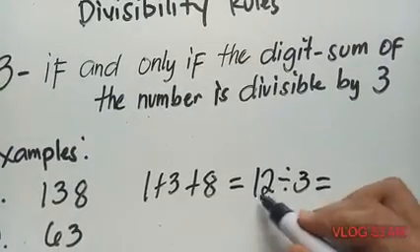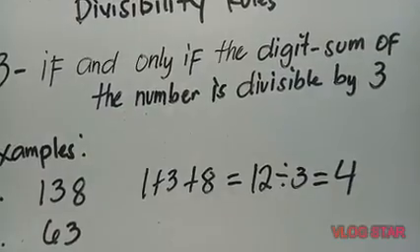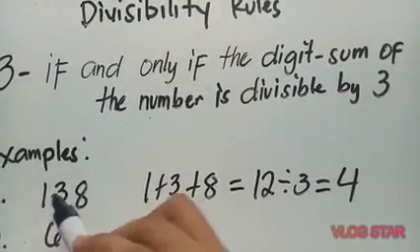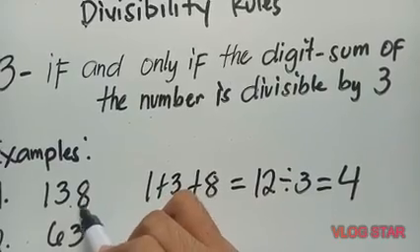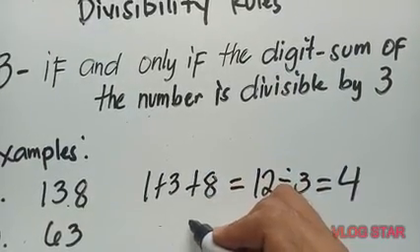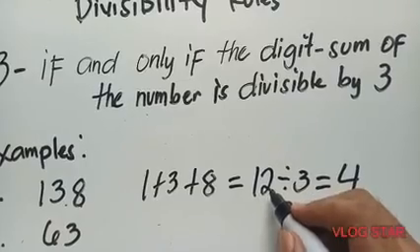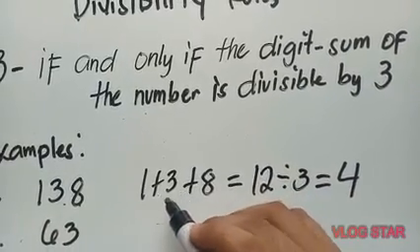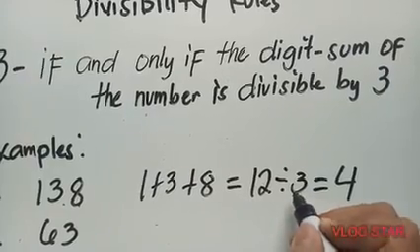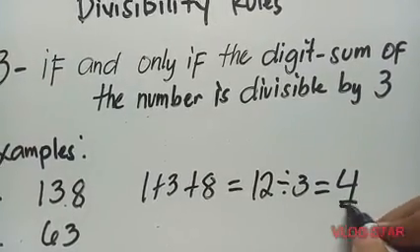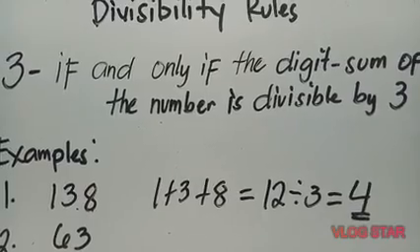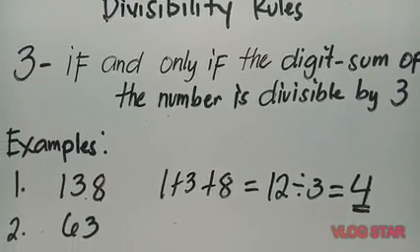By dividing, 12 divided by 3, the answer is 4. So meaning to say, 138 is divisible by 3 since when you divide the sum of the digits by 3, there is an exact quotient or there's no remainder.